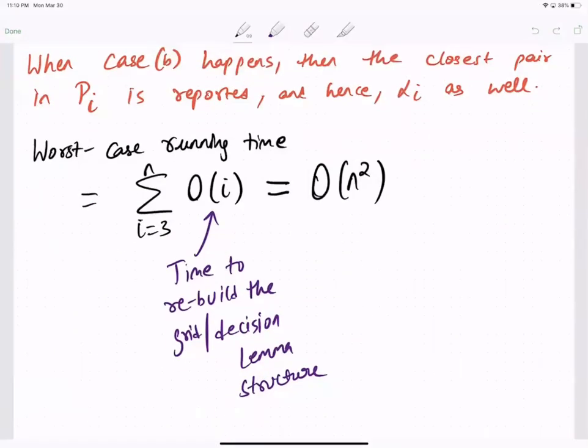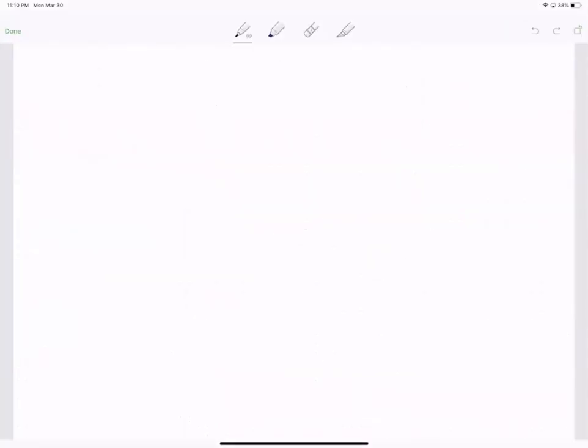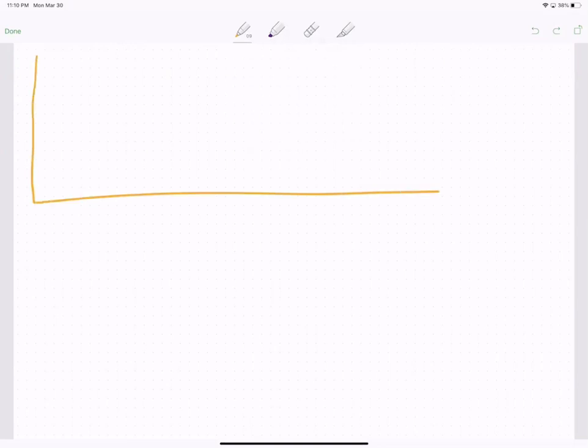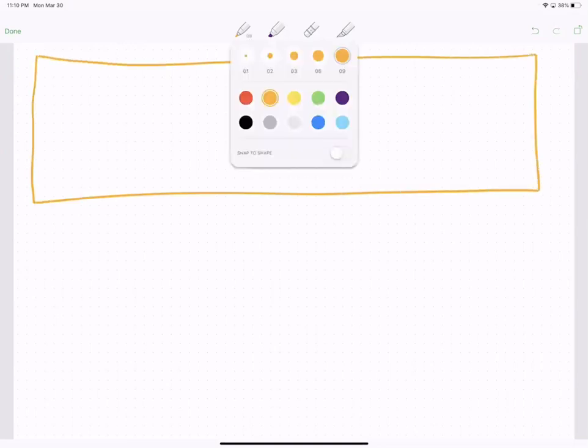So let me ask you a question at this point of time. This is an exercise, please try to solve it. It's a very simple exercise.